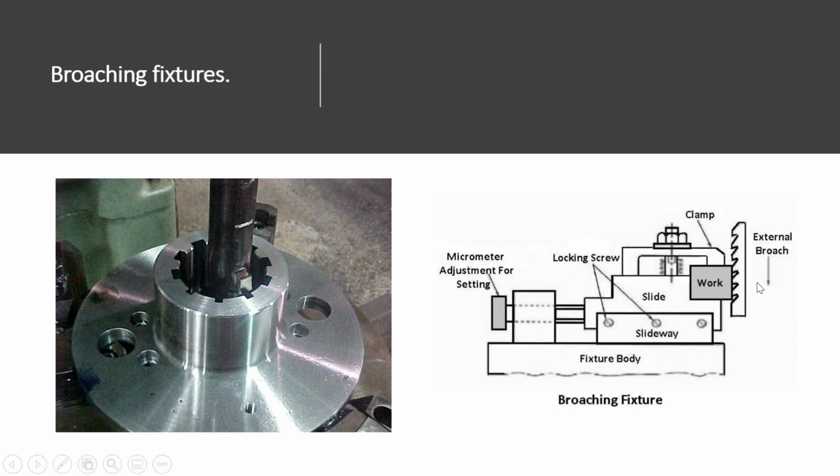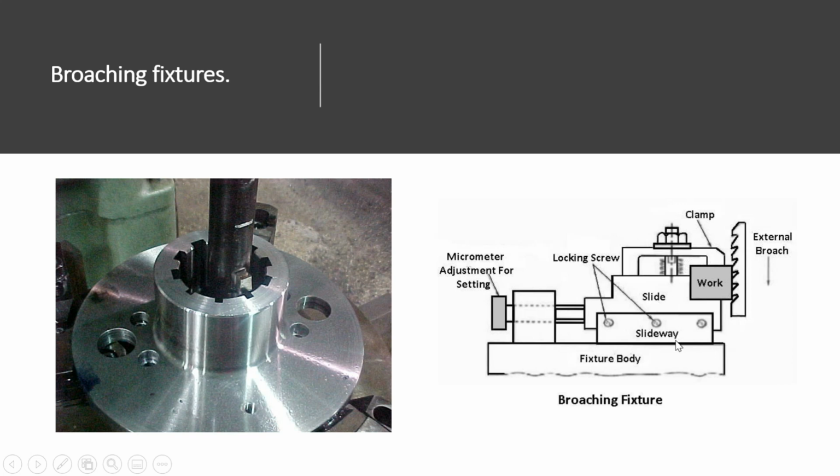There is a basic requirement of broaching machines: whenever you are performing a broaching operation on a workpiece, if you observe the figure on the right side, this is a workpiece on which a broaching operation needs to be performed. So we have to locate it and hold it. For that, clamping devices can be used. This screw and nut used here can be used for clamping.